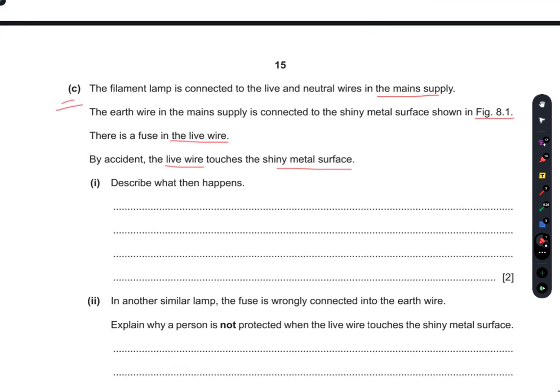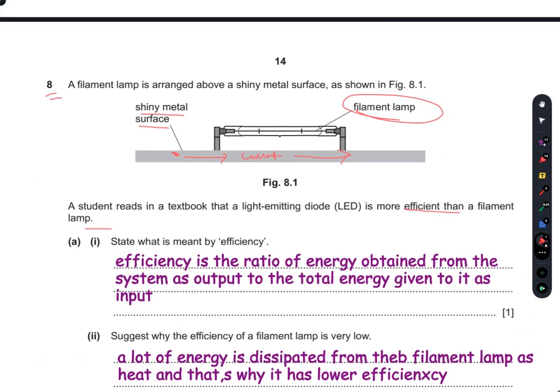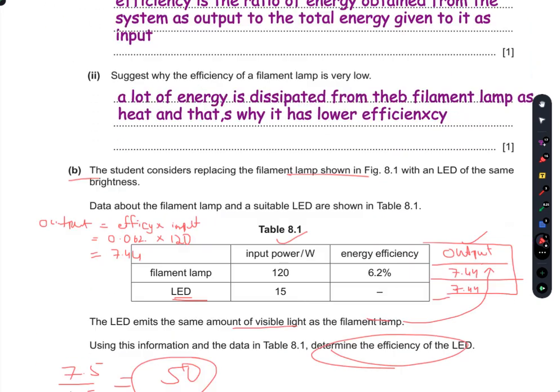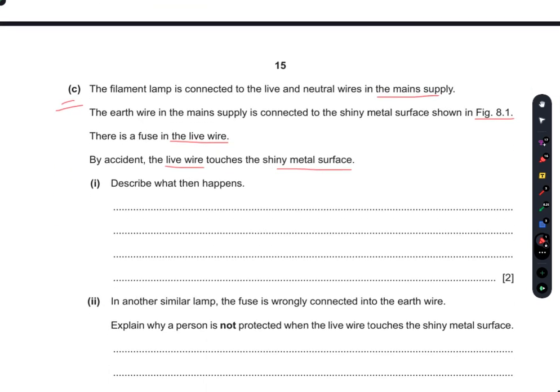There is an earth wire connected to the metal surface, so this earth wire will earth the current. So what will happen is that as soon as the live wire touches the shiny metal surface, the current will be earthed.